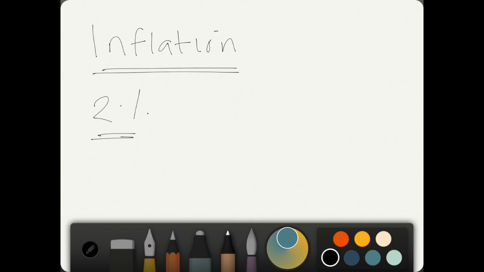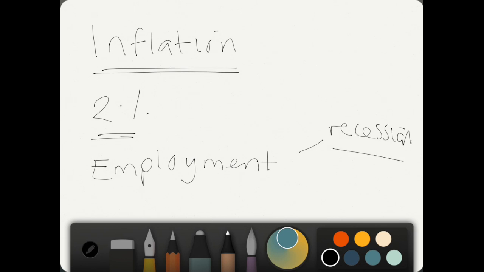The next one that you need to know about is employment, and this is quite straightforward, really. If the economy is in a recession, then what you tend to find is that you'll have businesses closing. This means unemployment will go up. People will therefore have less money to spend, because there's more people that are unemployed.